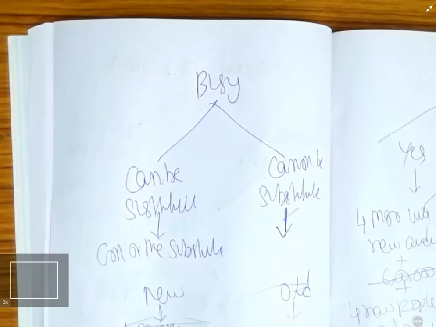Revenue was 10 lakhs. Employee cost was 6 lakhs. Variable cost was 2 lakhs. Fixed cost was 1 lakh.